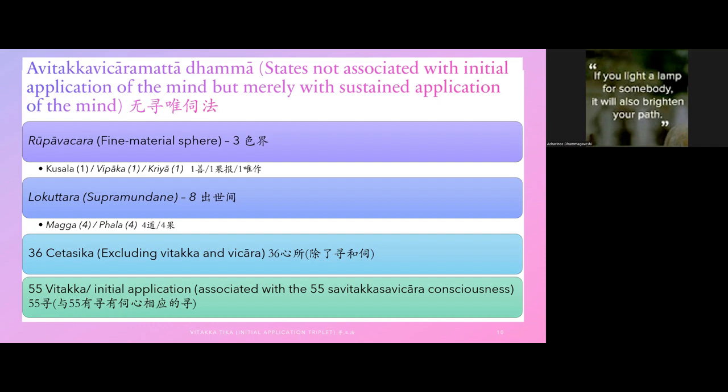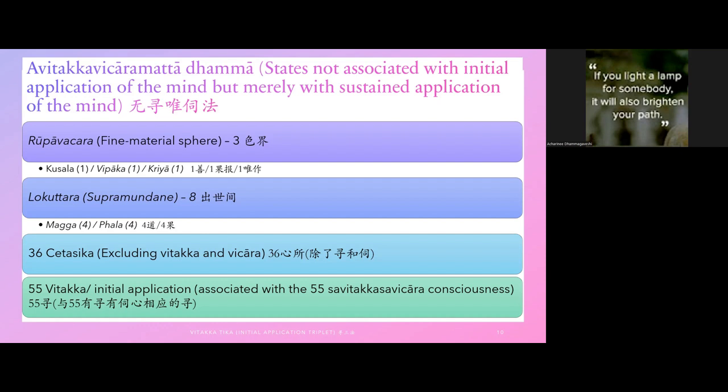To quickly summarize, how did we get those 55 vitakka? It's because those 55 vitakka had a vichara for them to be associated with. So they were savicārā or vicāramattā. However, each consciousness has only one vitakka. Therefore, the vitakka does not have another vitakka for it to be associated with.